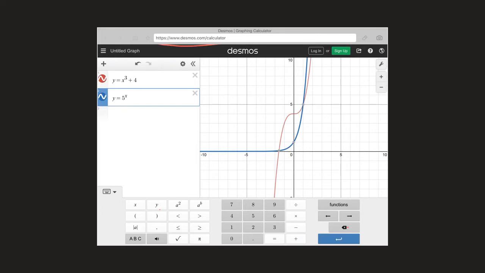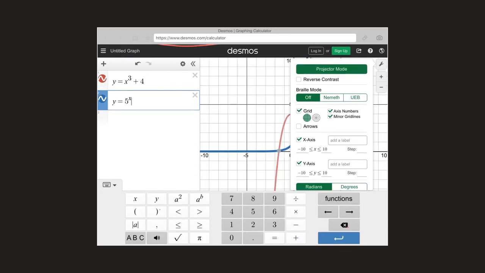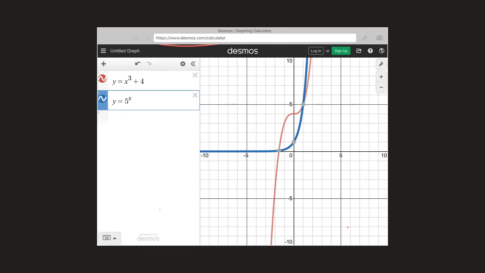There is an awful lot of detail on there that we really don't need for our purposes today. But one of the things that we may like is if you hit projector mode and then select somewhere else, you'll notice it makes all your lines thicker. So that can be a little bit easier for us to go through.